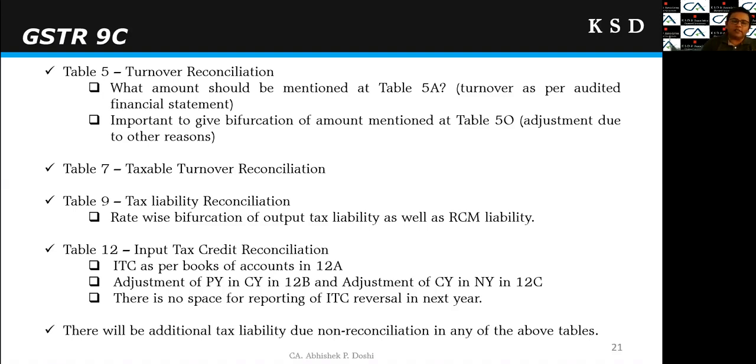If ITC availed in GSTR 3B is on a higher side compared to the books of account, then there may be additional tax liability, right? And if turnover or tax liability in books of account is higher than that reflected in GSTR 3B and 1, then there may be additional tax liability. So for all this reconciliation, if there is any unreconciled amount, we need to give reasons for the same, and it may attract the additional tax liability.